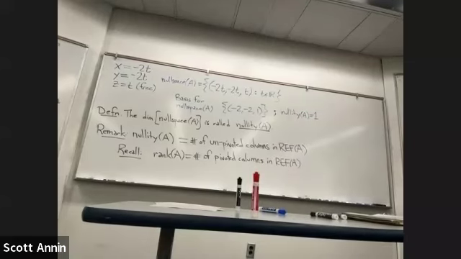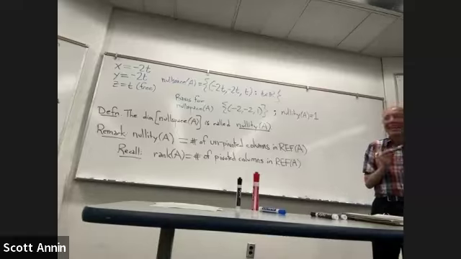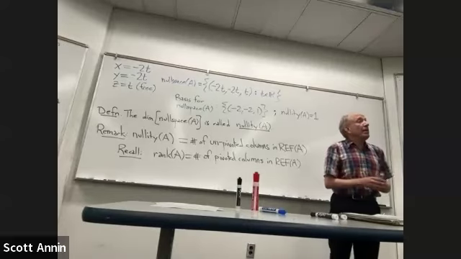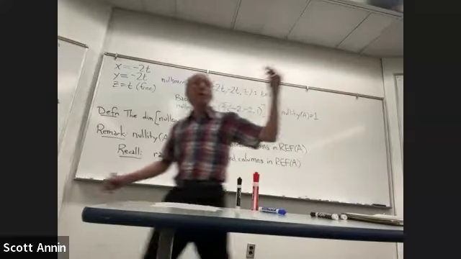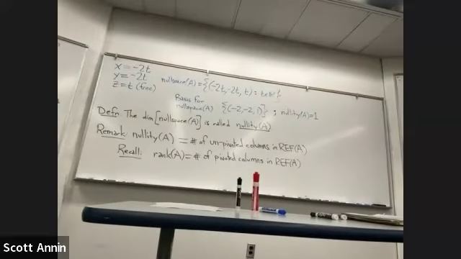So are you ready for the easiest theorem in linear algebra? The one that you could explain to anybody on the street in no time at all. Well, that might be going a little too far. But would you guys agree with me that every column of your matrix either will have a pivot or won't have a pivot? It either will or it won't. Some of them have pivots, some of them do not.